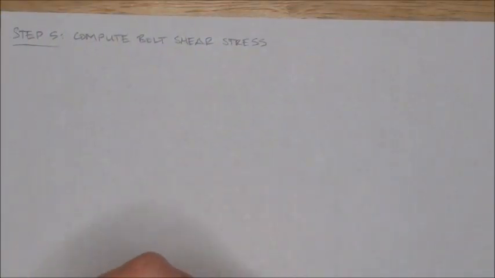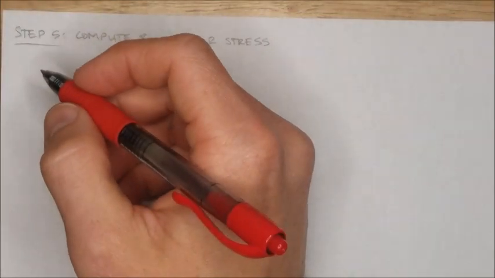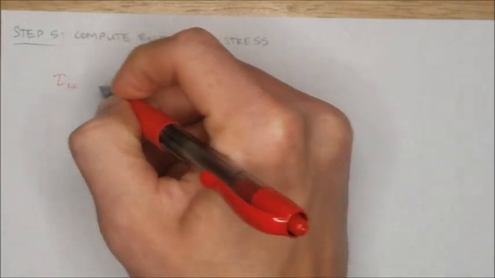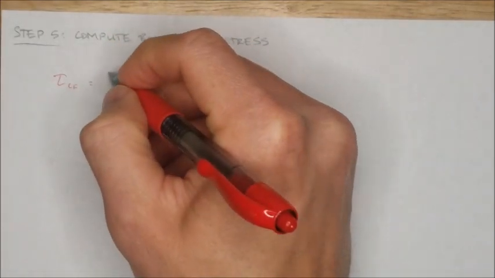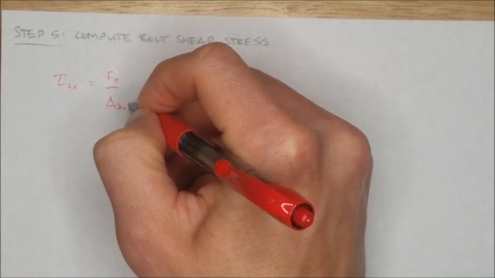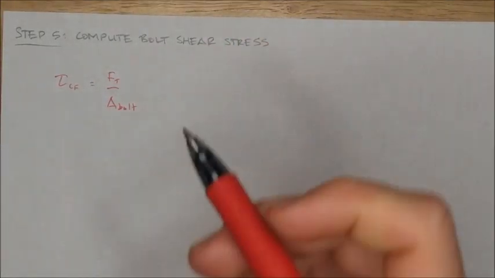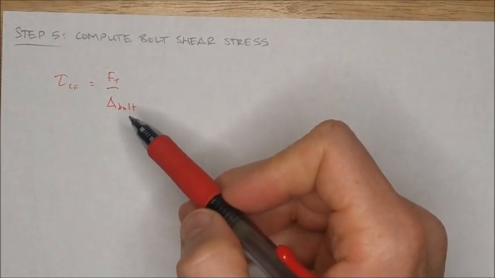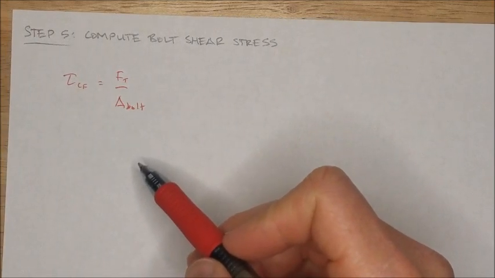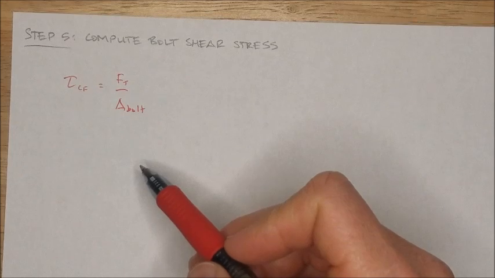Last step, step 5, compute the bolt's shear stress. This is very straightforward. The shear stress tau in our critical fastener is equal to the resultant shear force over the shear area. Now, a couple notes here. The reference manual does not give minor diameter information for metric bolts.